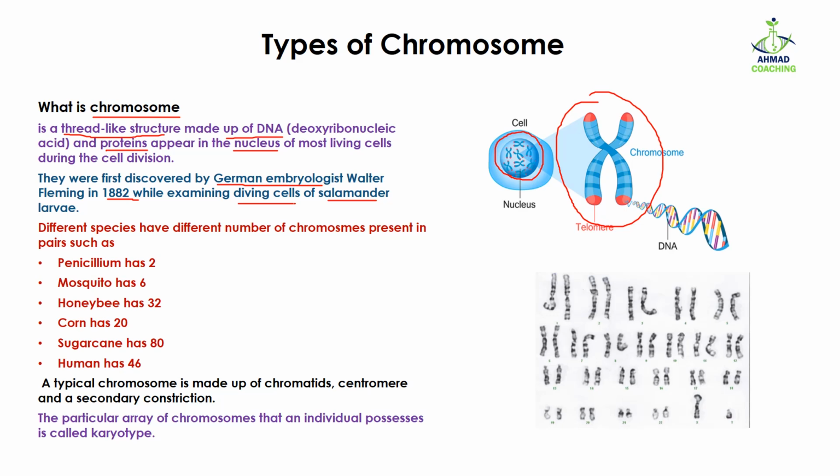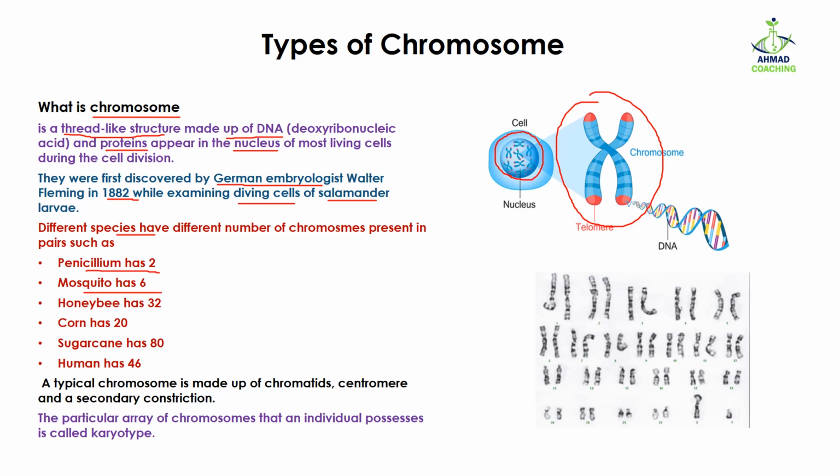The interesting thing is that the number of chromosomes in different species is different, and this can be used as an identification mark. For example, penicillium has 2 chromosomes. Mosquito has 6 chromosomes.